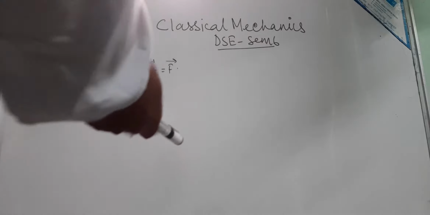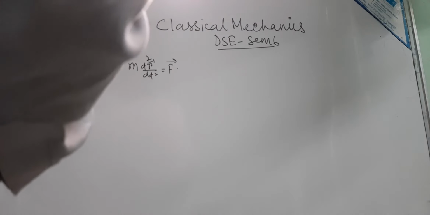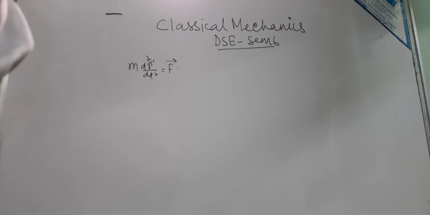But in classical mechanics, we will discuss the equation of motion by two other methods, that is, the Lagrangian and the Hamiltonian.